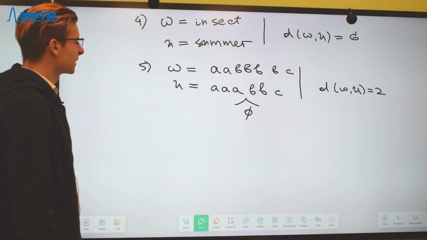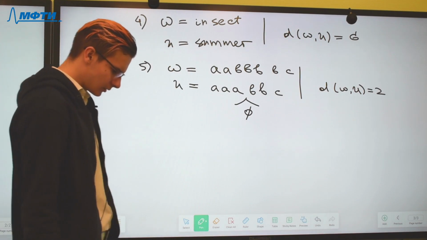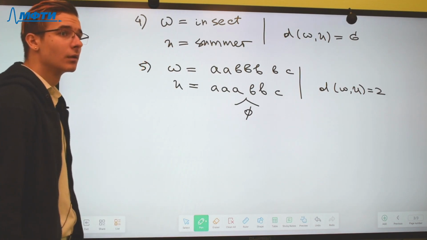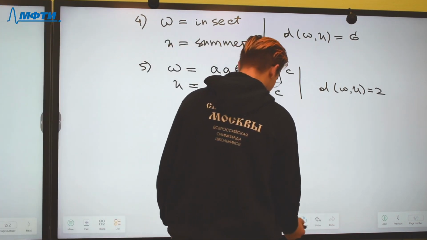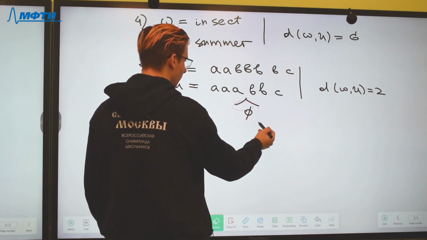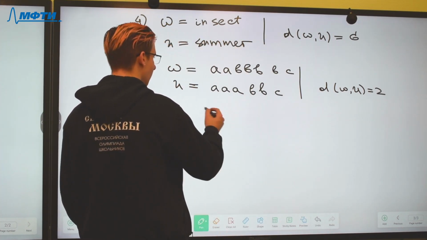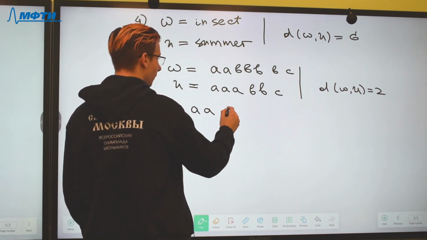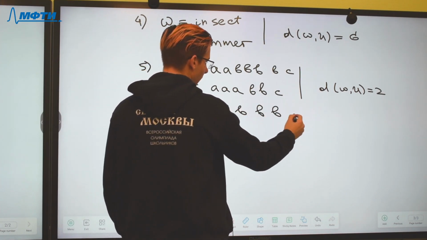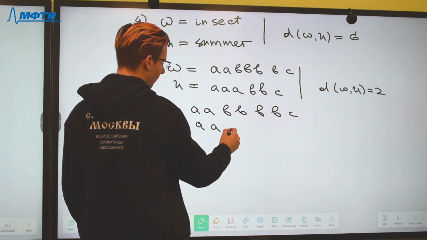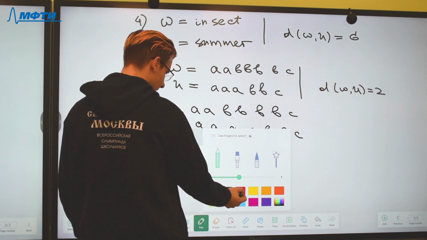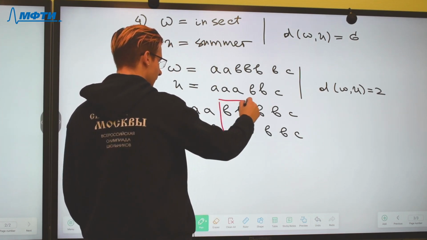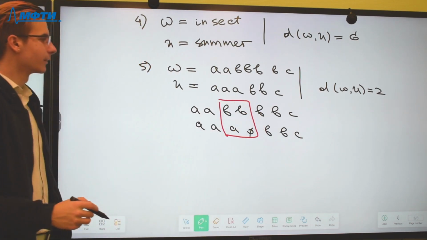But of course if we add an empty character here, we have only 2 places where the difference is.